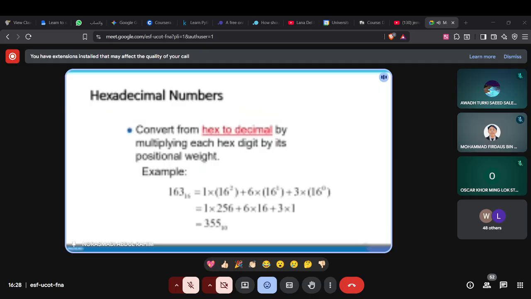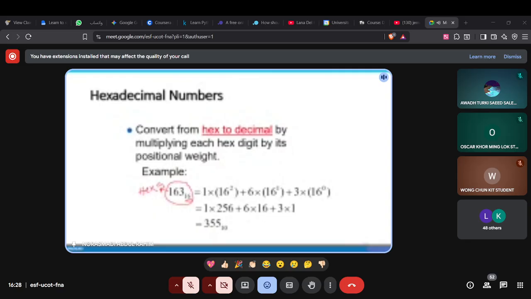So hexadecimal number. Convert from hex to decimal by multiplying each hex digit by its positional weight. Example: given 163 base 16 here, meaning that this is in hexa.